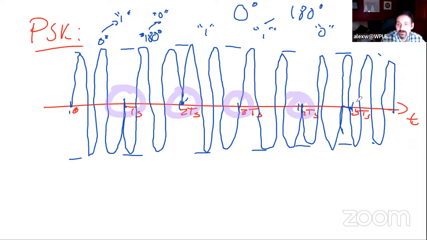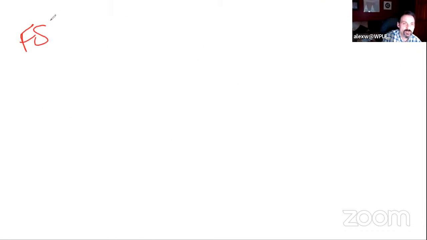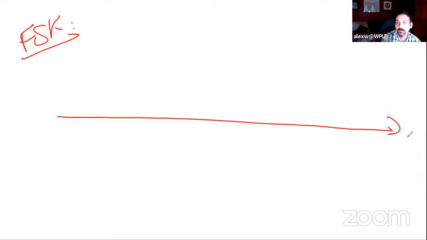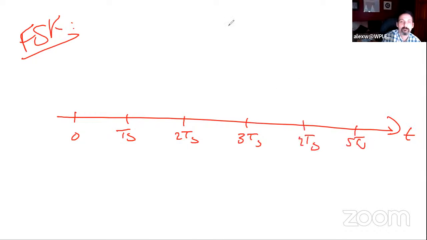So now we're going to look at a different case, which I'm just going to draw very naively. Let's say 0, TS, 2TS, 3TS, 4TS, 5TS.